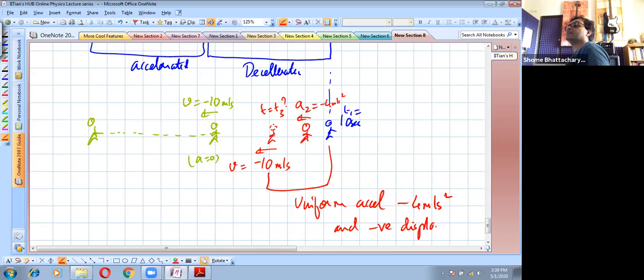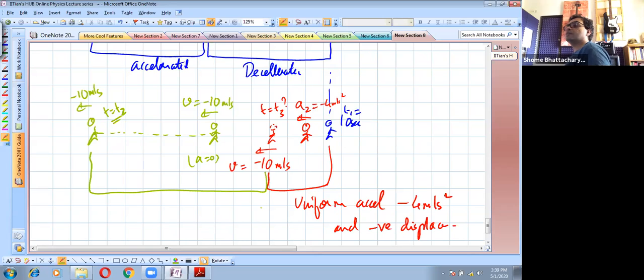His displacement is negative because his velocity is also in the negative direction. And in the final part of his motion, from the time he reaches the velocity of minus 10, he returns here with that velocity of minus 10 meters per second. He returns here at the time t2, which we have to calculate.